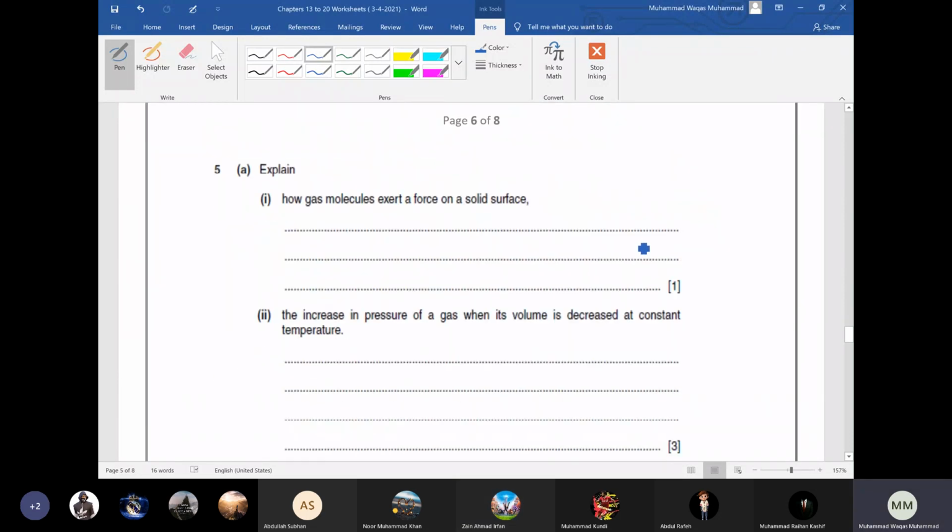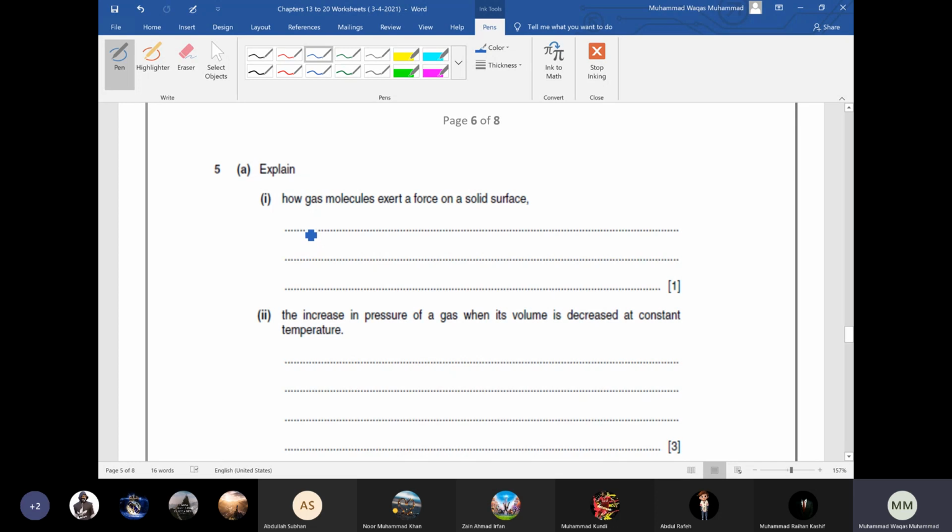Next, beta, explain how gas molecules exert a force on a solid surface. Beta, you remember we discussed how gases exert pressure? Yes, sir. How do they exert?